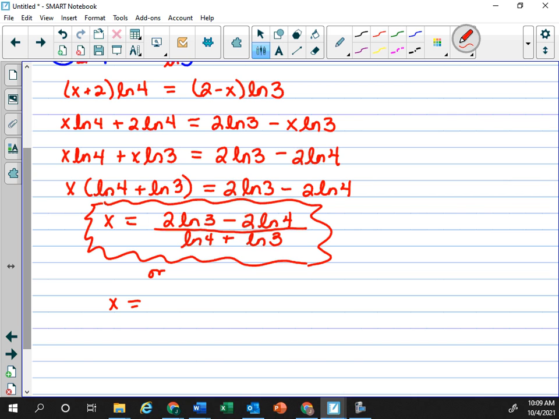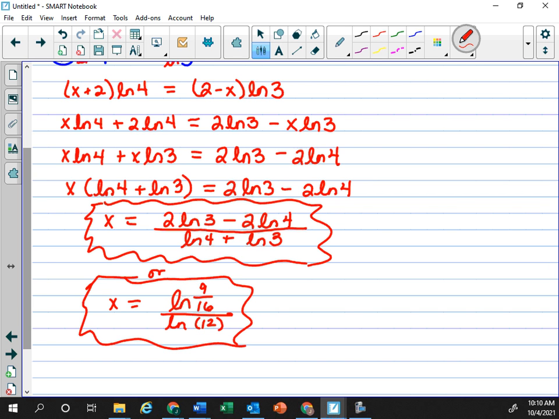I could use some of my properties here, and the numerator could actually be the natural log of 9 over 16 divided by the natural log of 12. Do you guys see it? Yeah? It's just using your exponentials here.